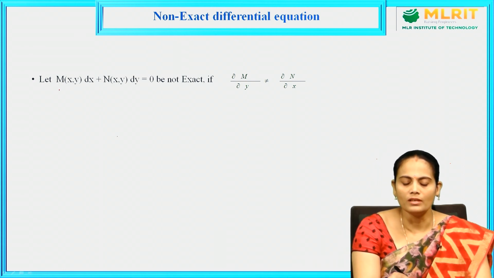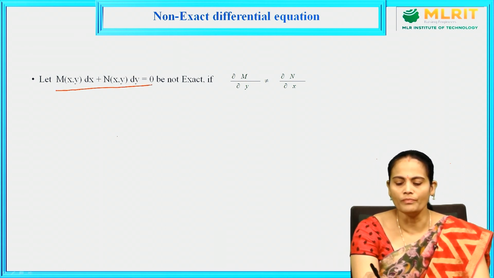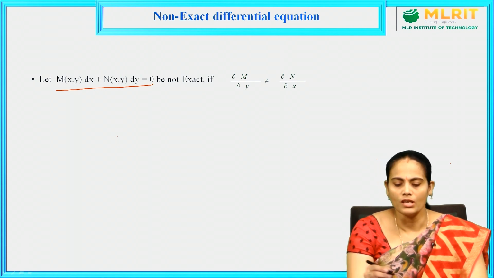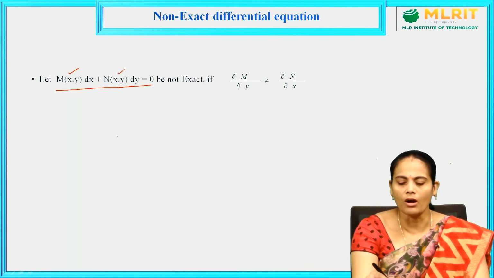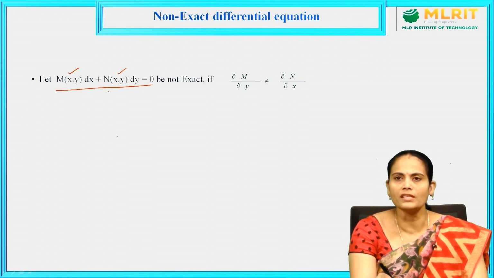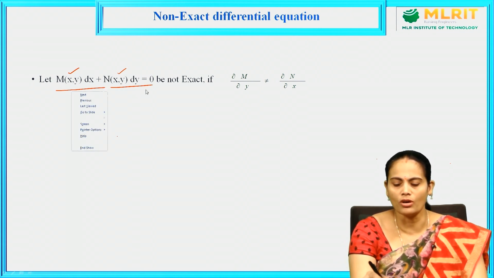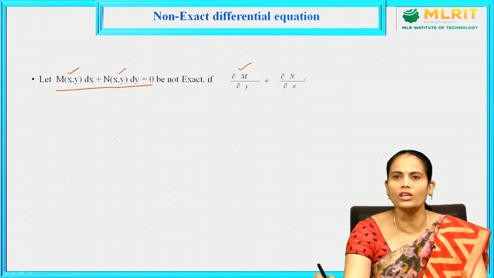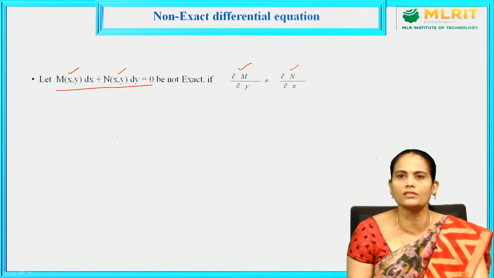So let me see what defines the non-exact differential equation. Given a differential equation of the form M dx plus N dy is equal to 0, where M and N are functions of x and y. When we say this differential equation is non-exact, that means if dou M by dou y is not equal to dou N by dou x.